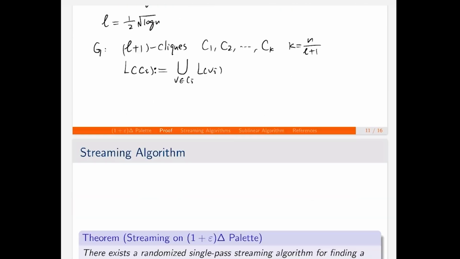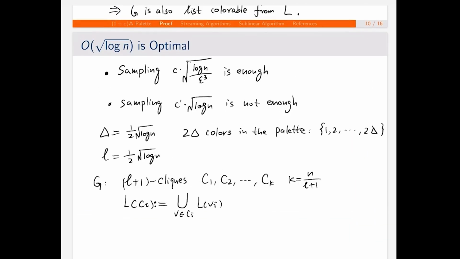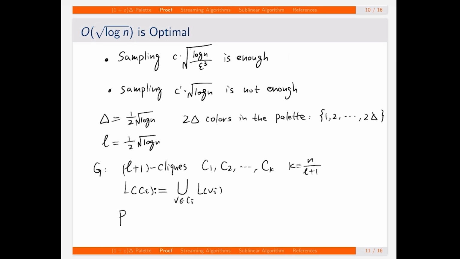So more formally, we can describe it in this way. The probability that the union of lists of C_i is only 1 all the way to L is (2L choose L) to the minus (L plus 1) power.